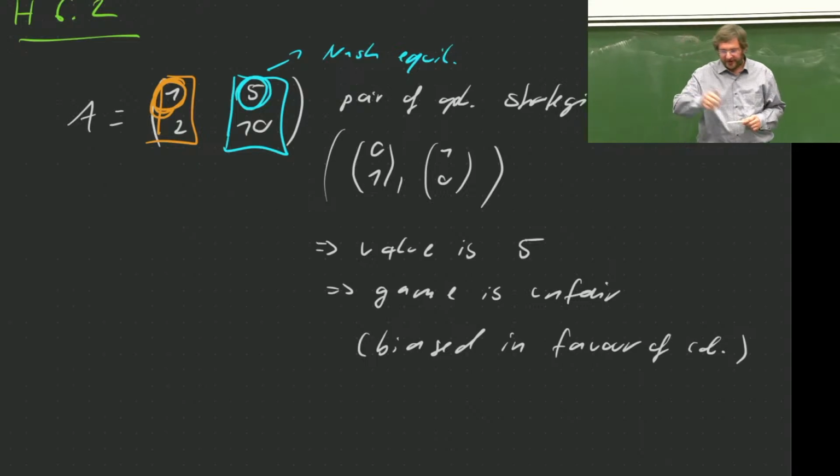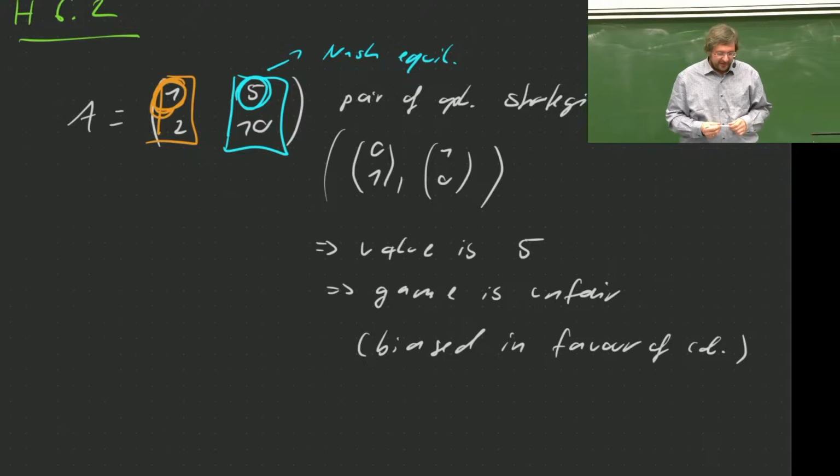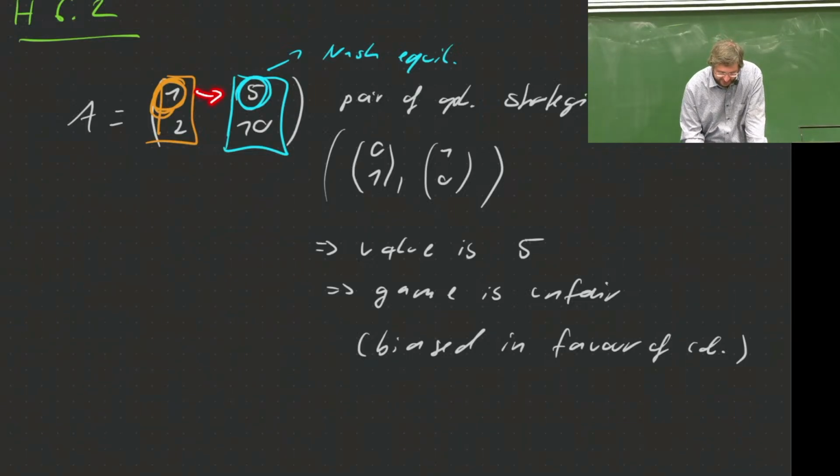And some of you already asked about this, so let me quickly discuss that part. If you look closely at a matrix, you can see that it's even easier to get, because if you compare those two columns, you can see that playing the second column is always better for the column player, no matter what row does. For every row, the second column is always the best choice.